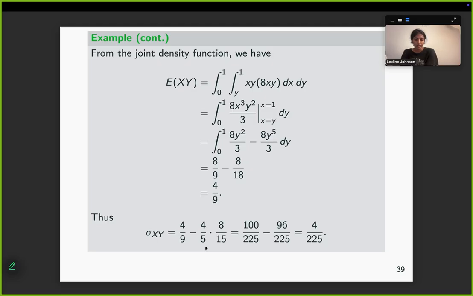When we calculate that all together, we get 4/225, which is our answer and is the covariance of X and Y.